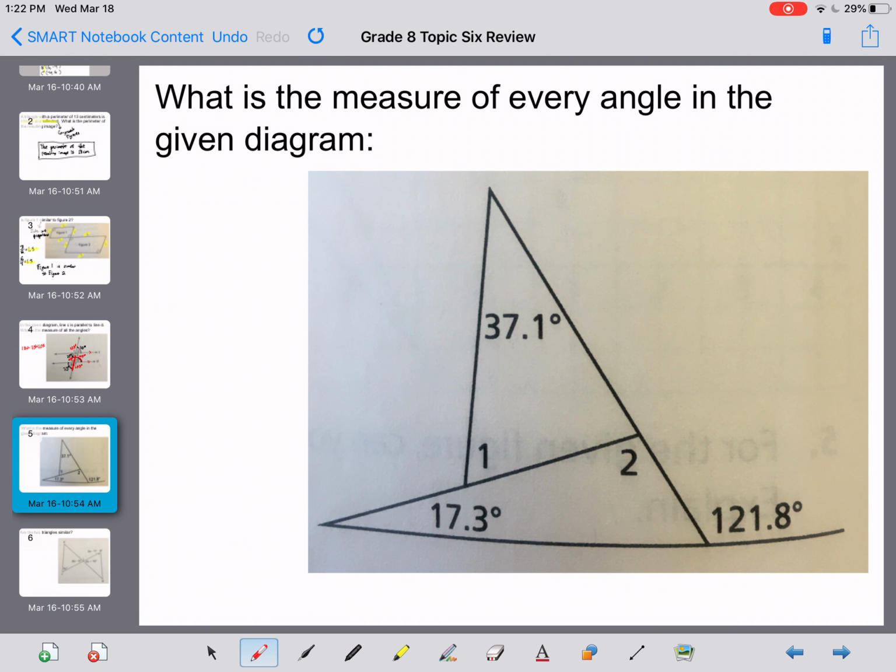What is the measure of every angle in the given diagram? Take a second to copy down the question and a picture of the diagram as well.